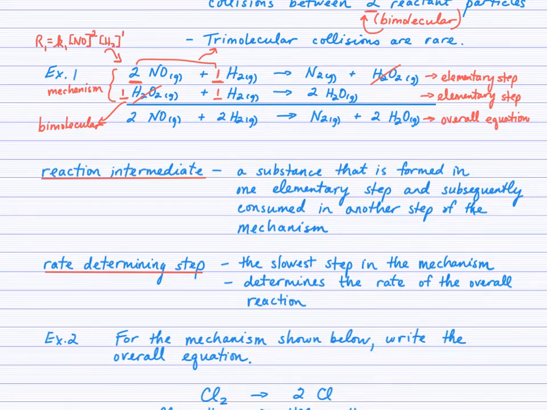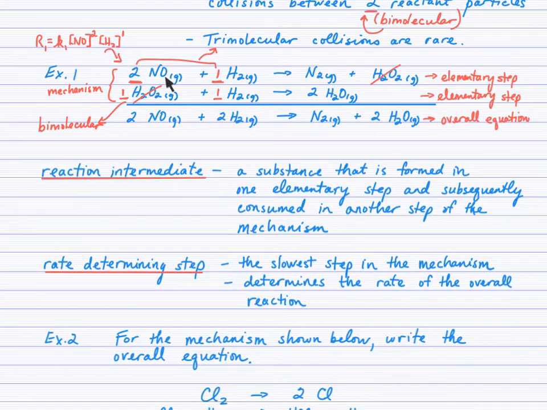That's because before you were working with overall equations without really realizing it, and so these coefficients are not necessarily the exponents. But when you're talking about an elementary step, you are referring to the number of particles that are actually colliding. So these coefficients are the exponents. They do indicate the sensitivity of the rate to changes in that concentration. So use the coefficients of an elementary step as the exponents in the rate law of that elementary step.